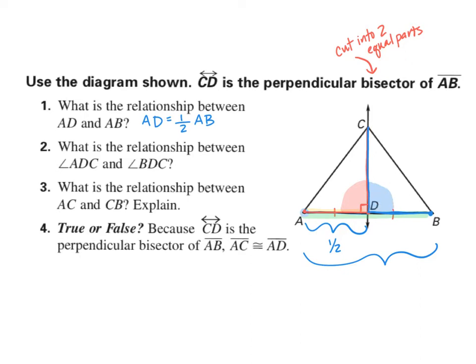Well, the relationship between those two angles is that they are equal. So angle ADC equals angle BDC. And we also know that the measure of angle ADC equals the measure of angle BDC, and that they both equal 90 degrees because they create that perpendicular intersection with segment AB.